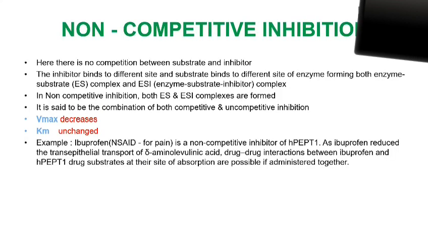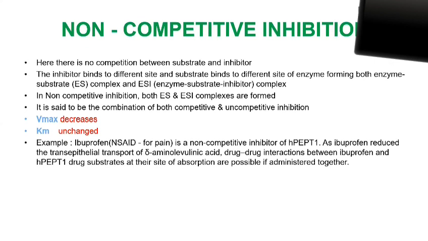Coming to non-competitive inhibition, as the name suggests, there is no competition between the substrate and the enzyme inhibitor. Over here, two complexes are formed: the enzyme substrate complex and the enzyme substrate inhibitor complex. The enzyme inhibitor binds to the enzyme substrate complex.